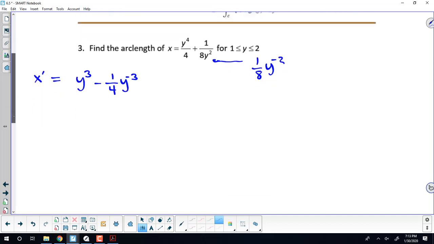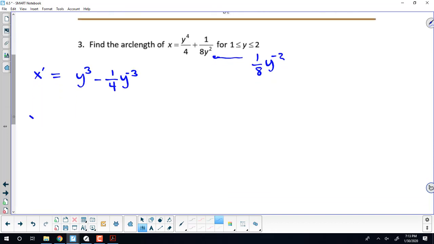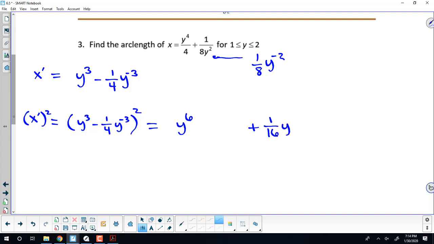So there's the derivative. We then square the derivative. Just write it out like this first. So squaring, we get y to the 6th. Last term squared, we've got a positive 1/16 y to the negative 6.